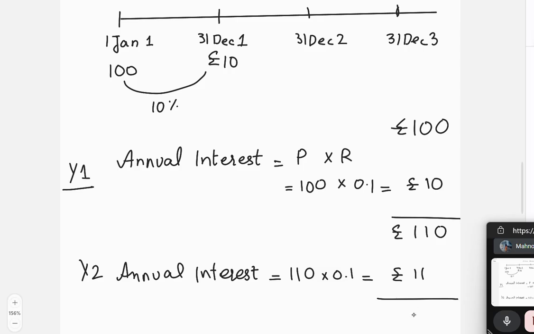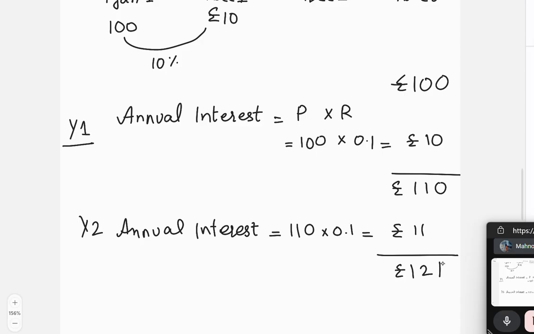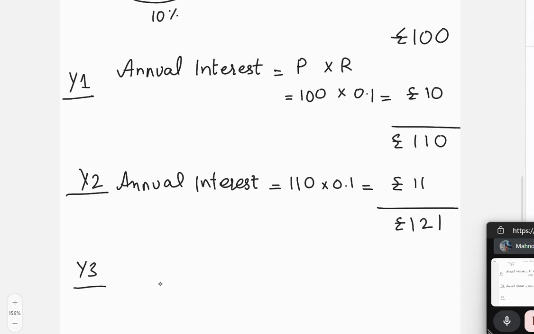Now you had 110 at the end of year 1 in your bank and you got 11 pound more. Now how much money do you have altogether? You have 121 pound altogether. Now at the end of year 2, this is how much money you have. So how will you work out the interest for year 3? You will have to do 121 times 10%, and you change the 10% into decimal, which is 0.1, and when you work it out, you're gonna get 12.1.